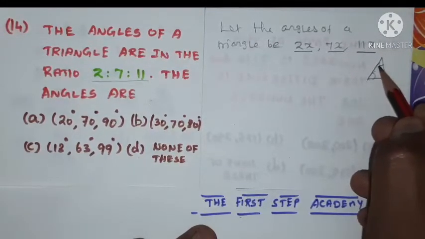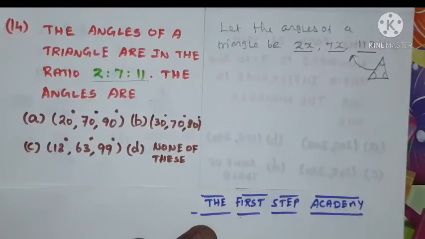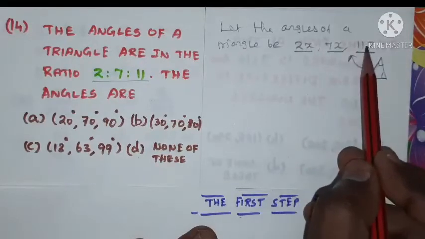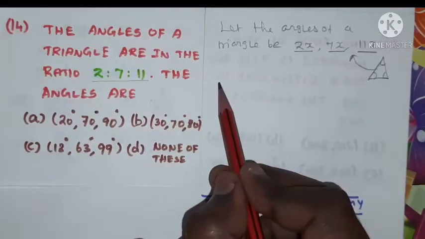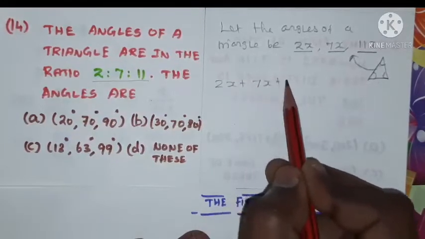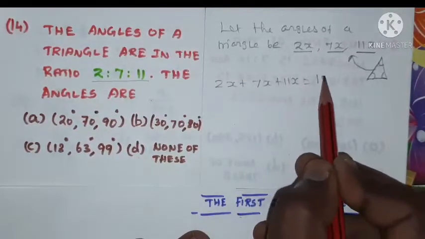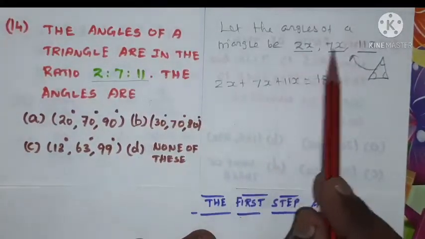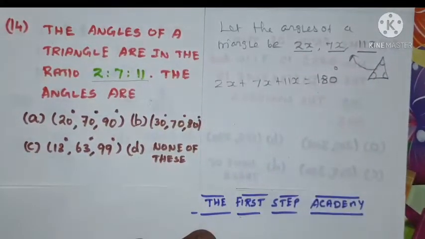And also we know the basic thing, the sum of all 3 angles of a triangle is equal to 180 degree. This is a very basic one.